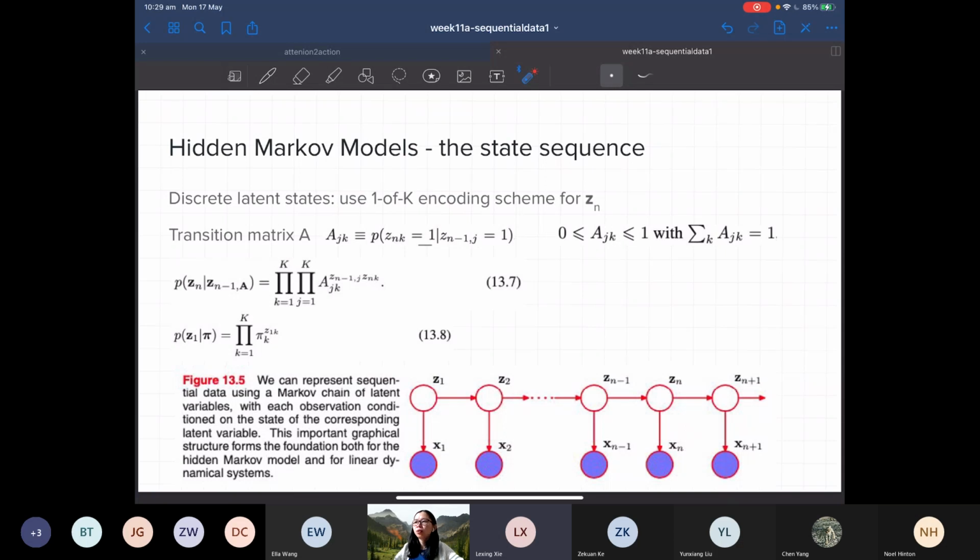So in the next 3 slides, we're going to see 3 different drawings of hidden Markov models, 3 graphical representations. The reasons we are taking the trouble to do so are twofold.